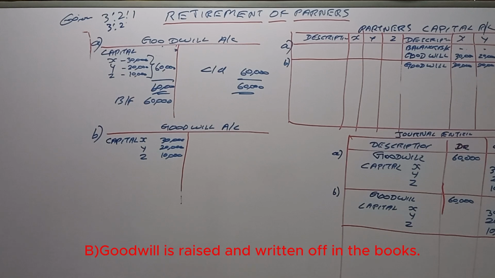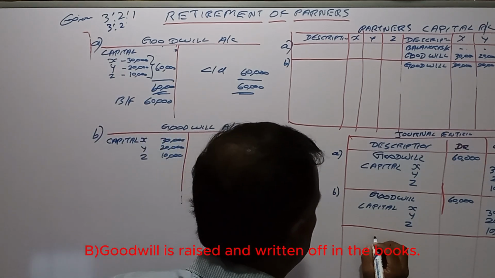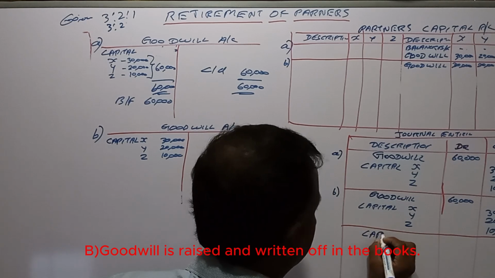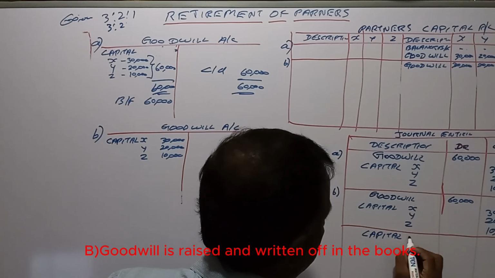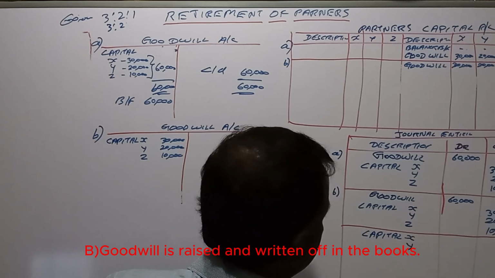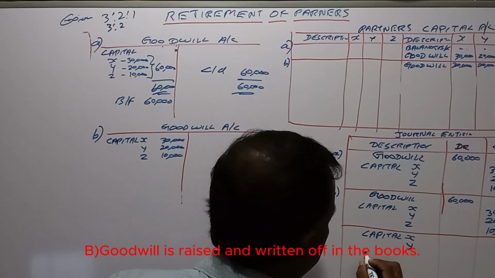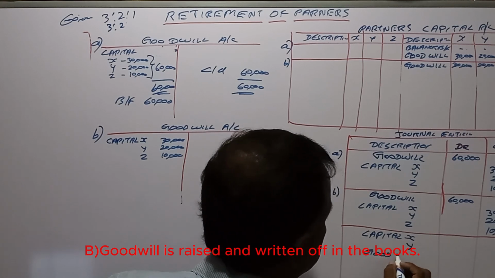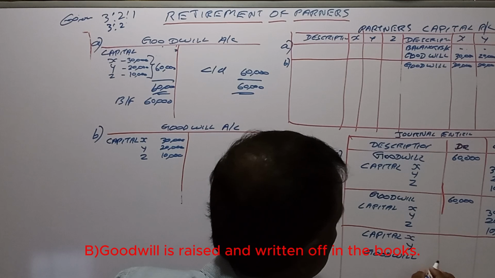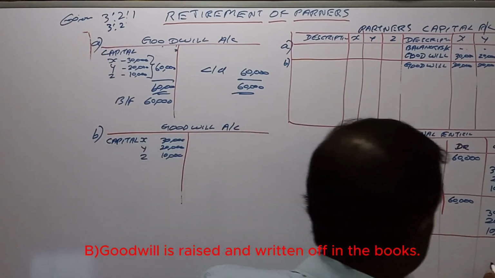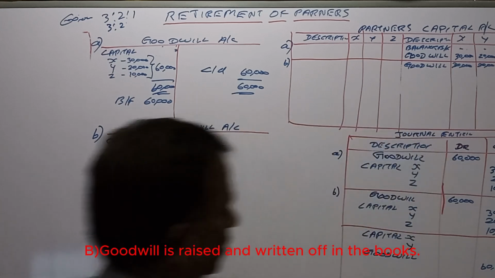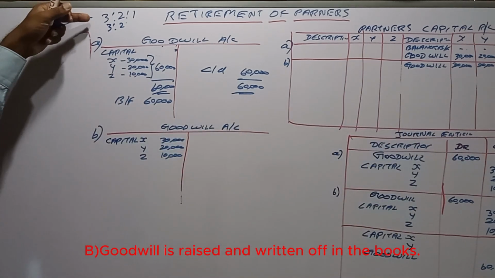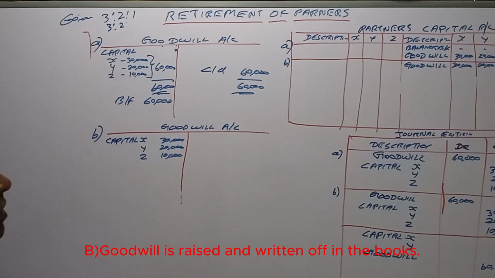Now we are going to write it off. Written off in the sense, capital account debit X and Y, right? Goodwill account credit. Goodwill account 60,000 credited. 60,000 divided by 5, 12,500 one portion.